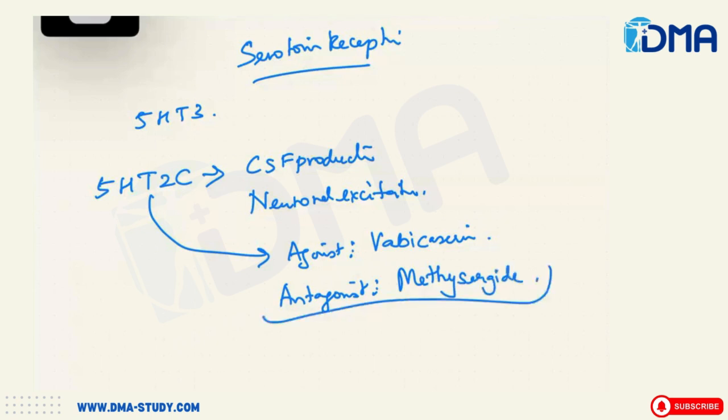Okay, this could be asked as a question. Methysergide is an antagonist of which receptor, or the antagonist of 5-HT2C is what? You can ask. Then another one which you can ask is the 5-HT1A receptor, which is involved in neuronal inhibition.